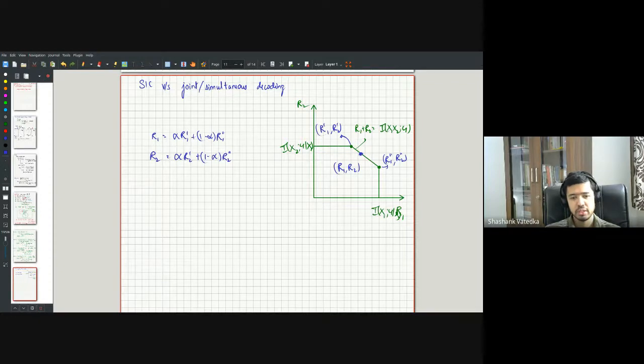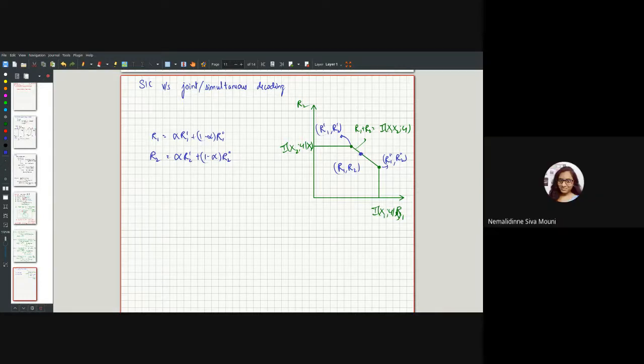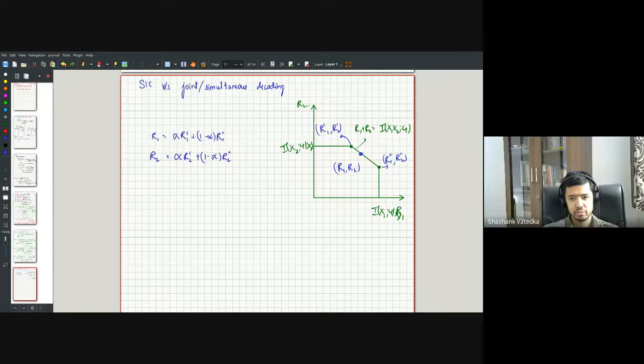I know that I can construct encoders and decoders which let me achieve R1 prime, R2 prime, and there also exist encoders which achieve R1 double prime and R2 double prime. Now if I want to achieve R1, R2, what would I do? Time sharing, as you said previously. Yes. Can you elaborate on that? What would be done?